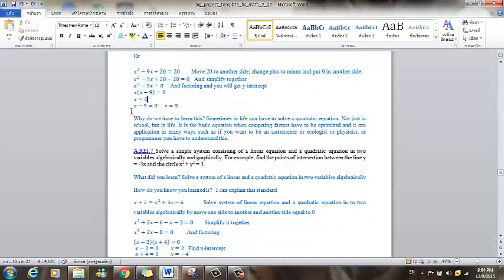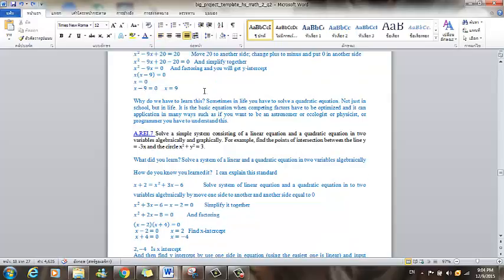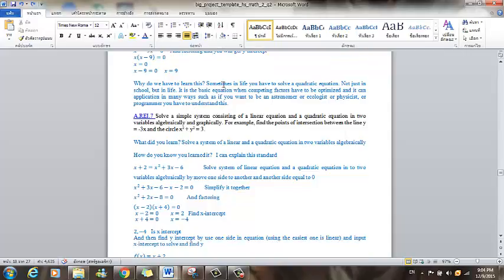So x minus 9 equal to 0, and so we change the side, so it's gonna be x equal to 9. Why did we learn this? Sometimes in life you have to solve the quadratic equation, not just in school but in life too.